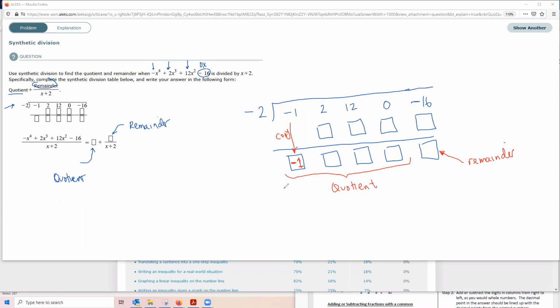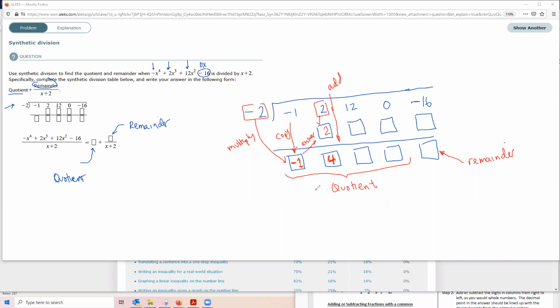All right, now we want to fill in this box next. What you do is you take this number in front, -2, multiply it by this number down here, -1, and write the answer in this box. Well, -2 times -1 is +2. Now, what you do is you add these numbers straight down. 2 plus 2 is 4.